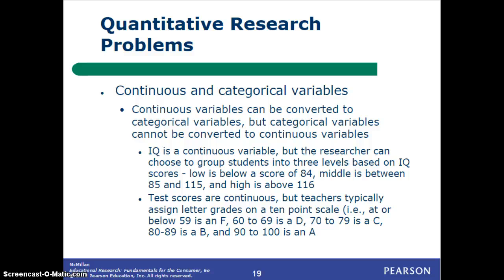Test scores are continuous, but we can group test scores into ranges to represent letter grades. Those letter grades then become categorical variables. But one thing to note is that we cannot go backward. Once something is represented as categorical or we collect data as categorical, we cannot turn it into continuous variable data.